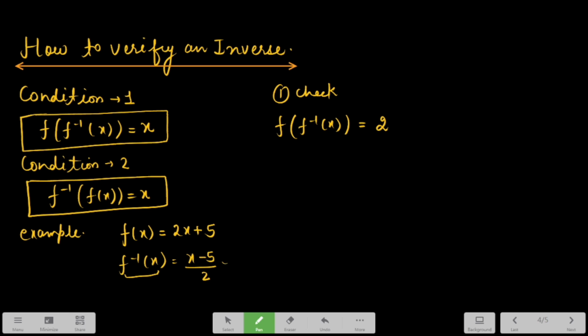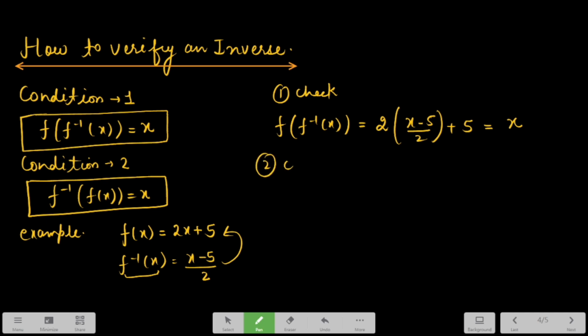You have to write f inverse(x) in this equation. So in place of x, you will write that value: 2 times (x - 5)/2 plus 5. After solving this, you will get only x.